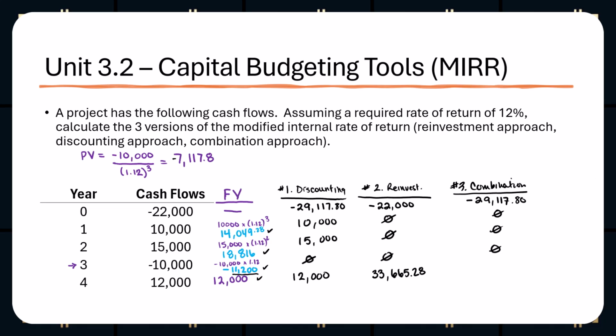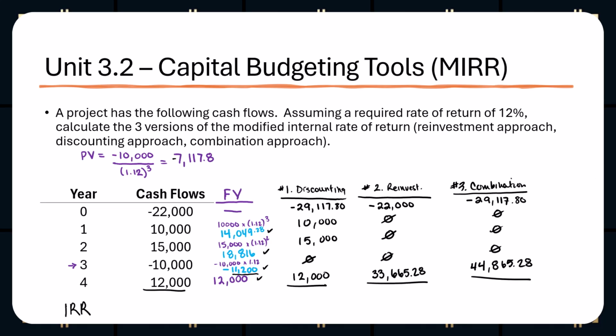So now our combination approach cash flow is $44,865.28.